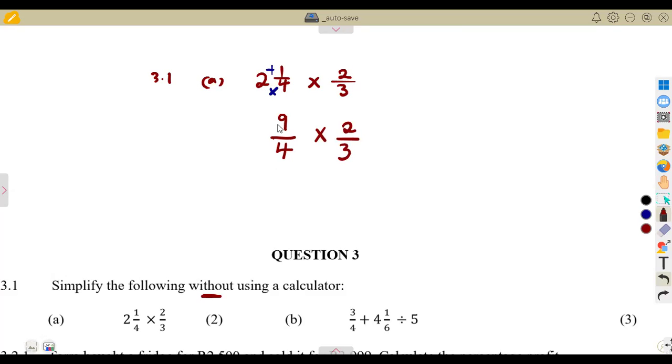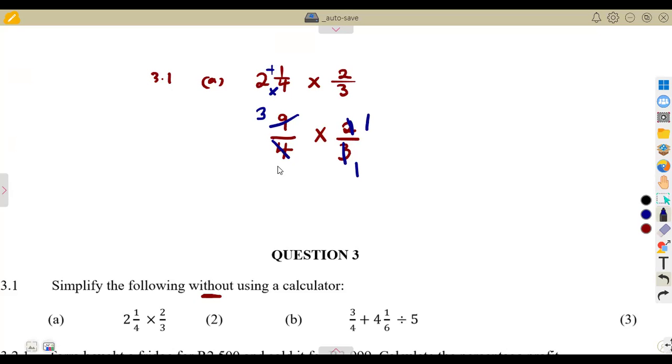Remember from the multiplication that we can reduce these numbers as long as they have a relationship between the numerator and the denominator. So here I can reduce the 3 into 3, that is 1. 3 into 9, that is a 3, 9 divided by 3.